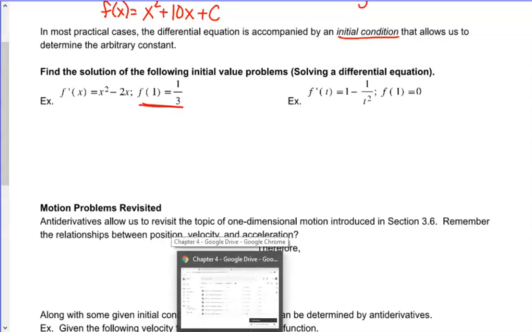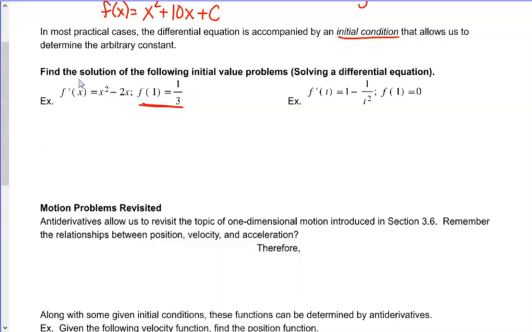So let's do that. I want to find the solution of the following initial value problem, solving a differential equation. So I'm going to first integrate this piece here to find f of x. So f of x is going to be the integral of x squared minus 2x dx. Now what is that?